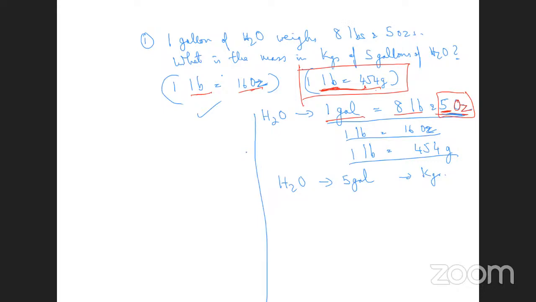Why am I not converting pounds to ounces, the entire thing? Because my conversion is given in pounds. So it's easier to convert. So 8 pounds is fine, but let us see what fraction of a pound this is and add to this 8 pounds. So 5 ounces converting to pounds.